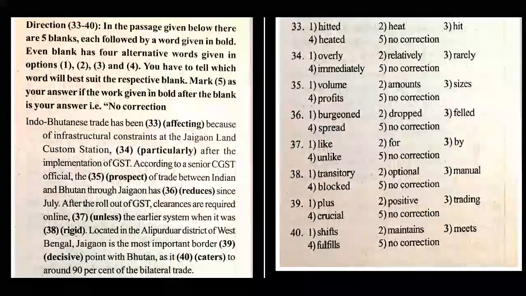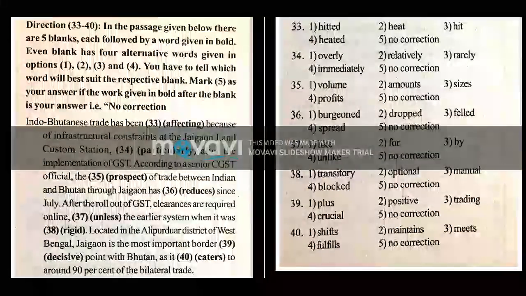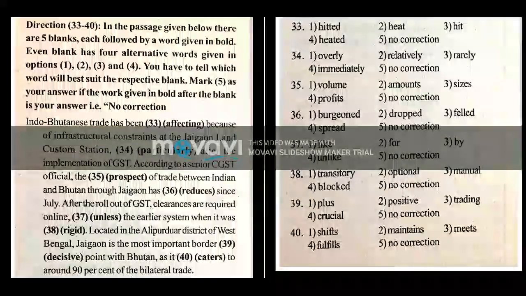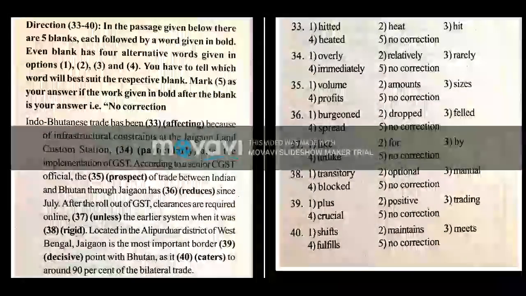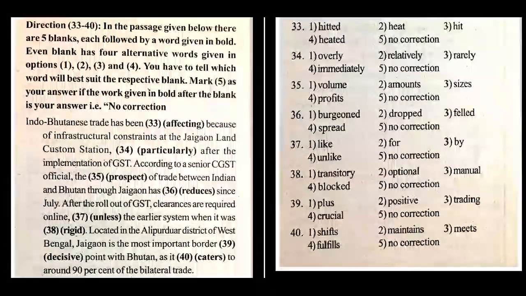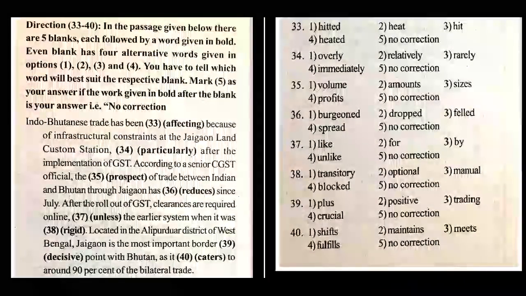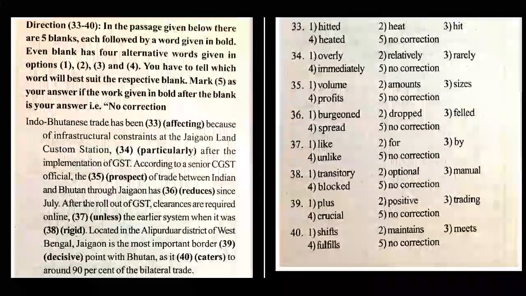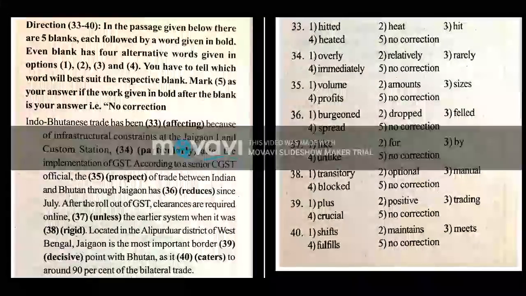And keeping this in mind, if we arrive at the options in question number 35, option number 2 and option number 3 are now eliminated, and at the same time option number 4 as well, because 2, 3 and 4 contain plural subjects. When after Jaigan, Hajj has been mentioned, we need a singular subject here.